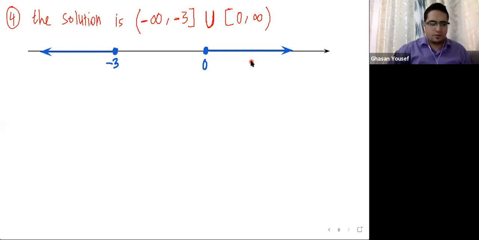Okay, now we have to go to the last kind of inequality, which is solving an inequality with a quotient.